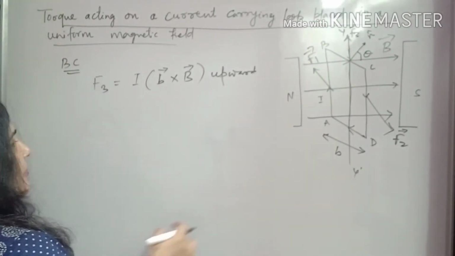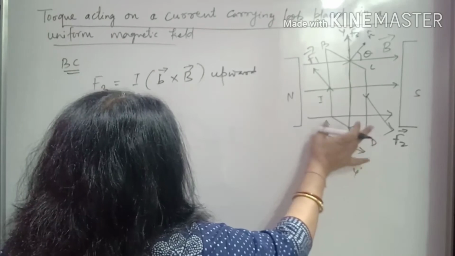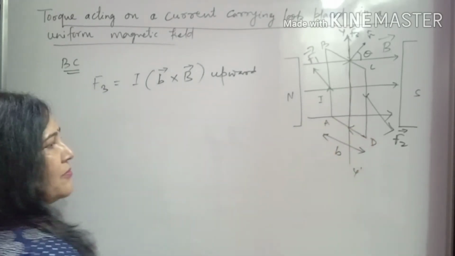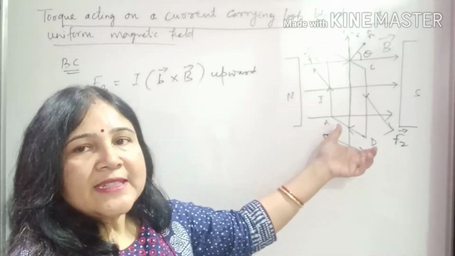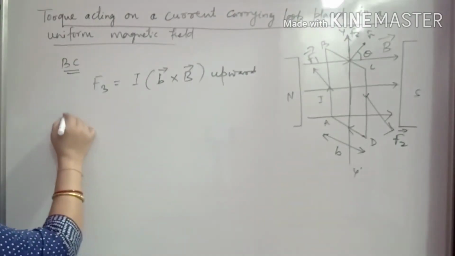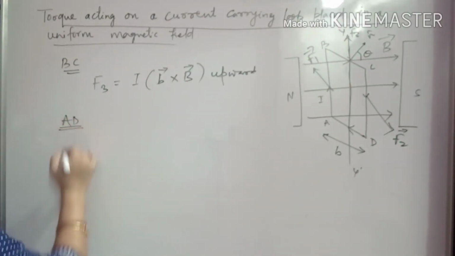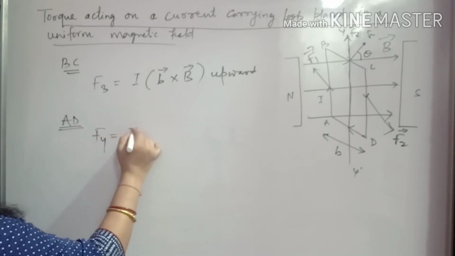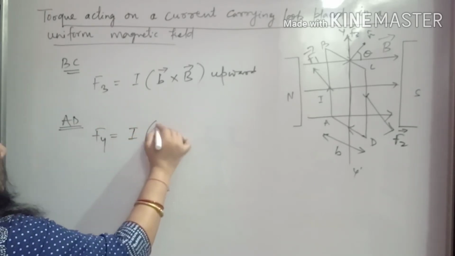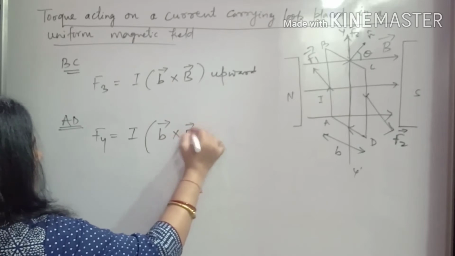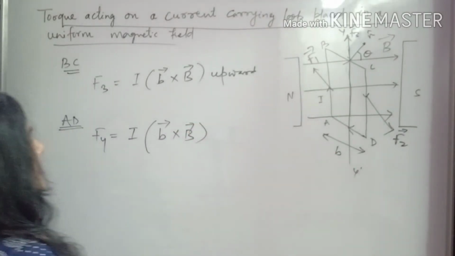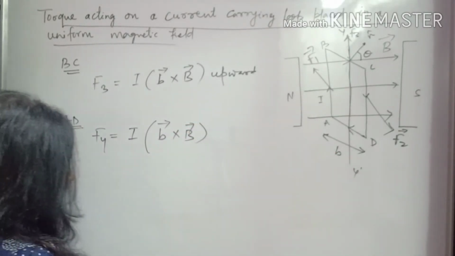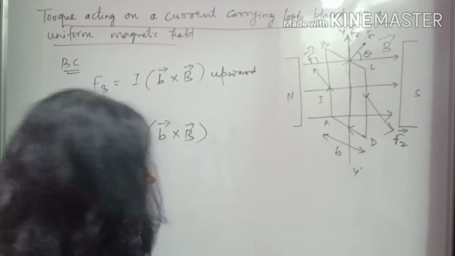Now similarly, we have to find the direction of the force and also its magnitude for this arm AD. So in case of AD, let's suppose the force experienced by this is F4, and in this case also it is I, B cross B, because here also the width is B. Now let's find its direction using the same right hand palm rule.